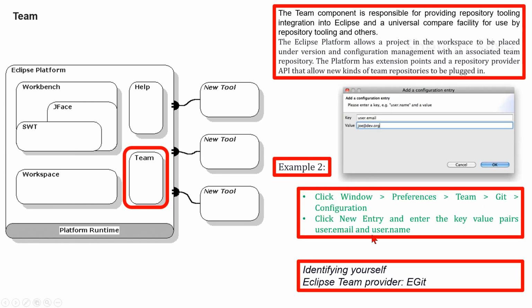Here we are considering identifying yourself. You can always change the information using Git configuration. Click Window, then Preferences, then Team, then Git, then Configuration. Then next step, click New Entry and enter the key value pairs, user.email and user.name.